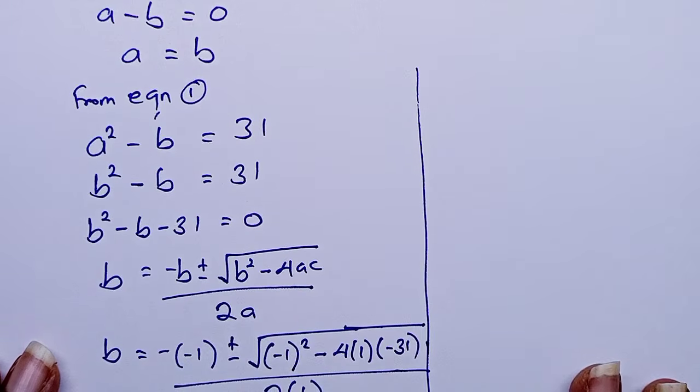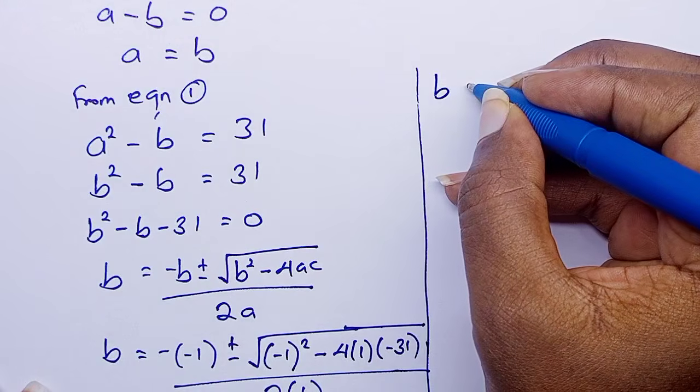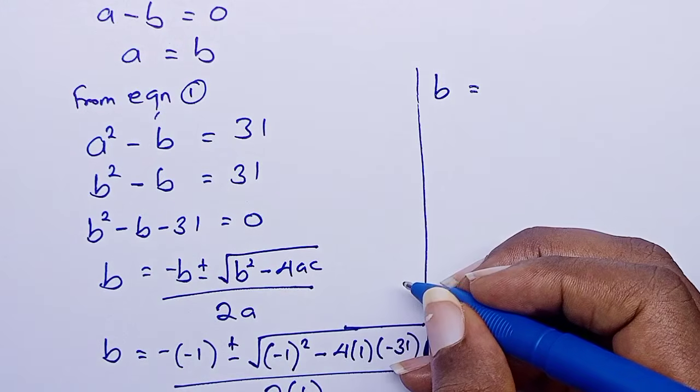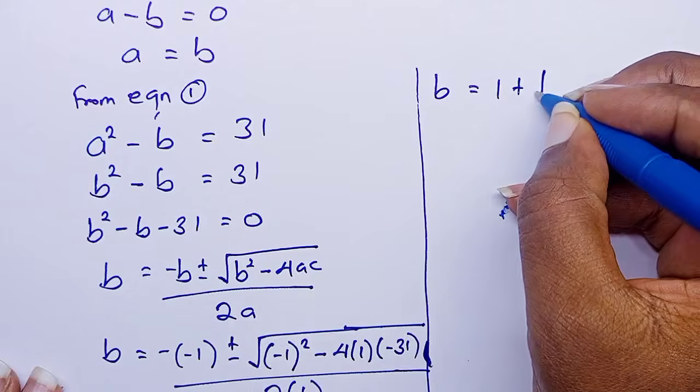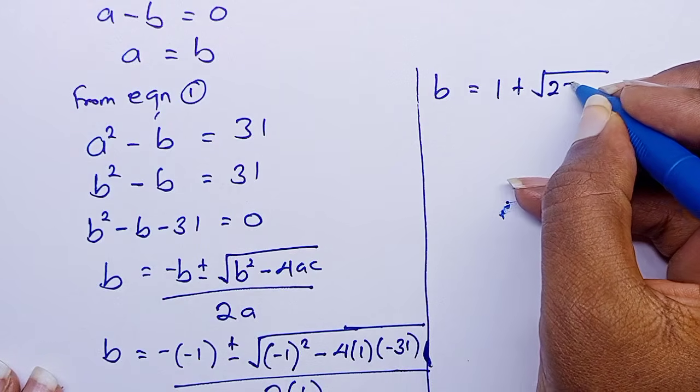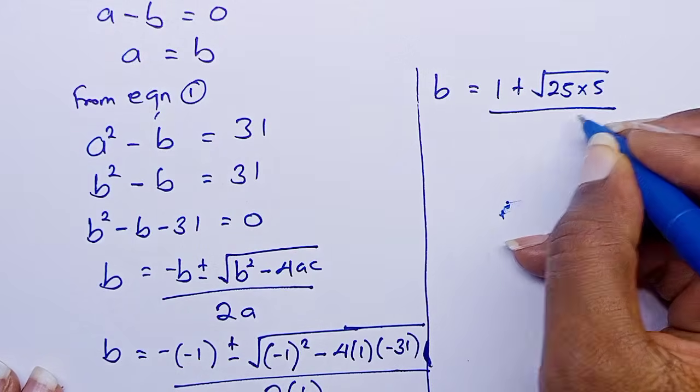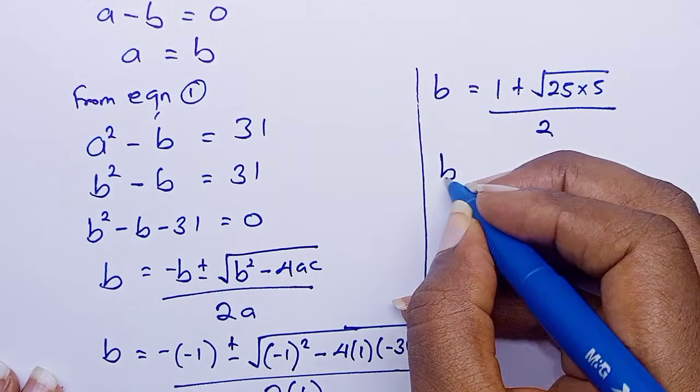So this b will be equal to 1 plus or minus square root of 125, which is the same as square root of 25 times 5, over 2.